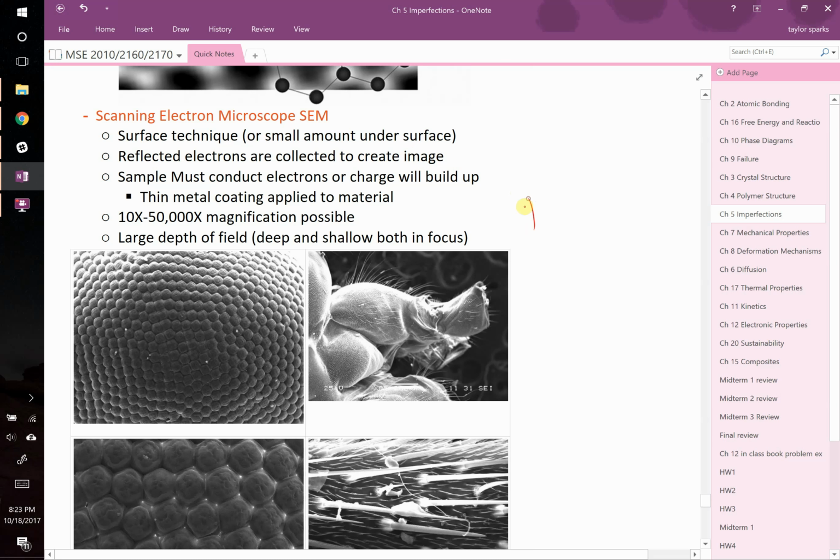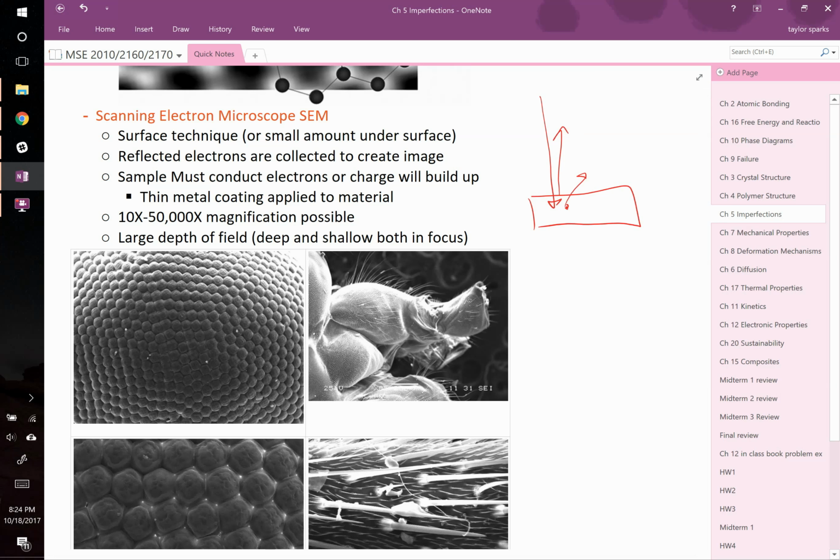So again, if this is the material that you're looking at, you're going to bombard it with high energy electrons, and then you're either going to see these things bounce back, or you're going to generate a secondary electron. Right? You can either look at the primary electrons, which are bouncing back, that's called backscatter mode, or you can look at secondary emission, right? So secondary electrons. Either of those works, and just like before, just like an old TV, it'll raster to create these images.